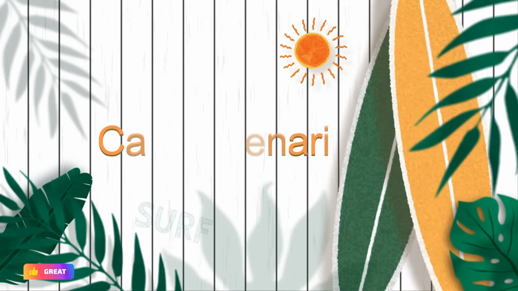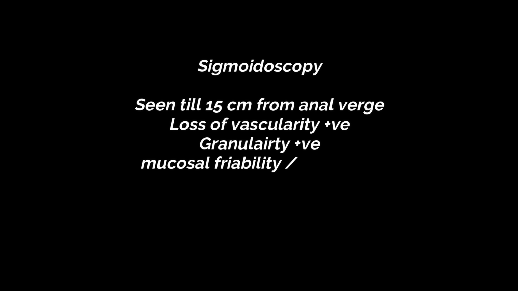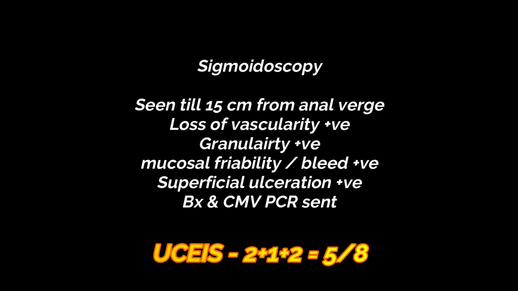So coming back to our case scenario, sigmoidoscopy was done in this patient. Full length colonoscopy was not done for fear of perforation. Full length is not advisable in severe colitis, as is the case in this young lady. Sigmoidoscopy revealed loss of vascularity.